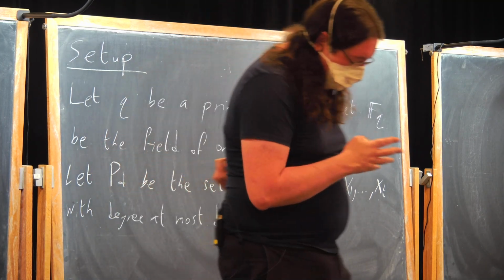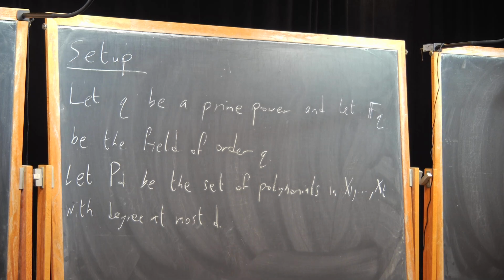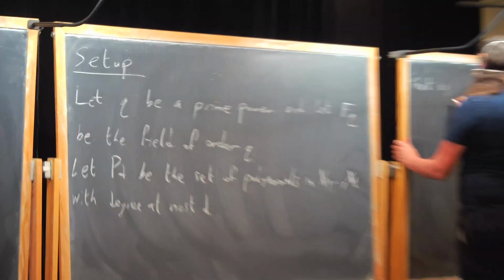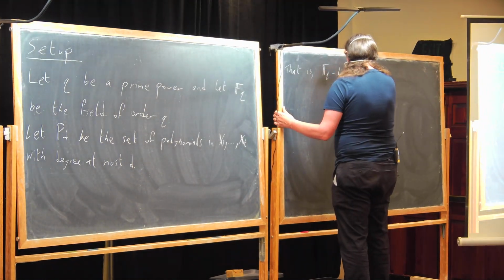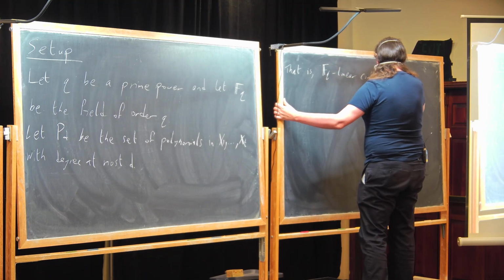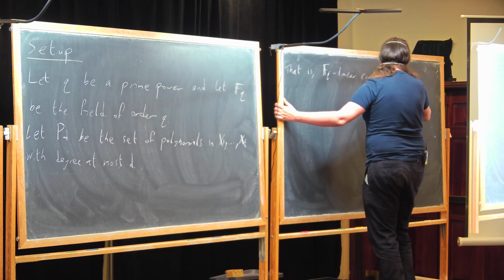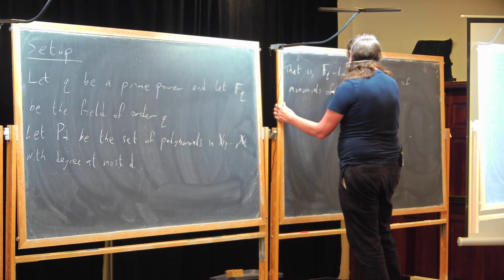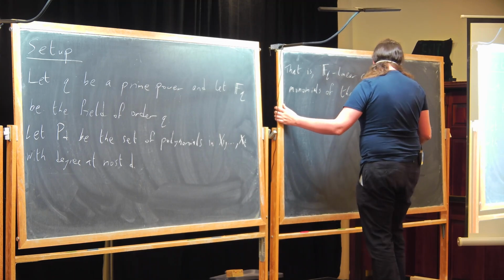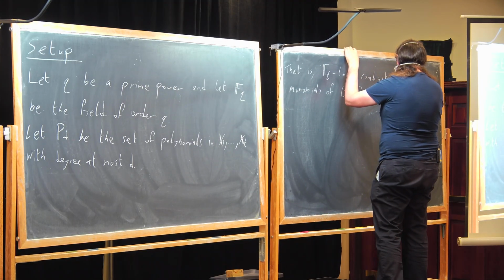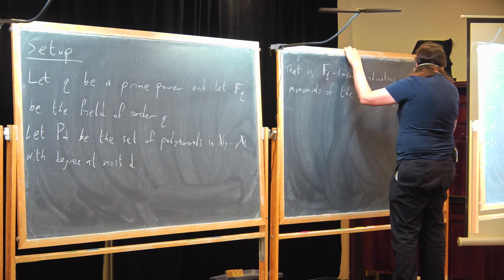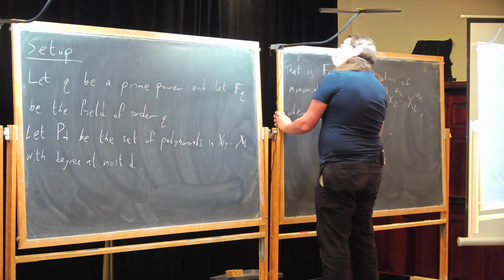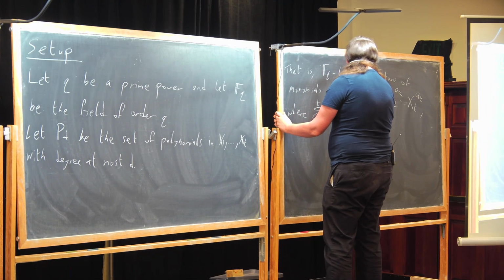More explicitly, what I mean by this is F_q linear combinations of monomials of the form x_1 to the a_1 times x_2 to the a_2 up to x_t to the a_t, where the sum of the a_i is at most d.